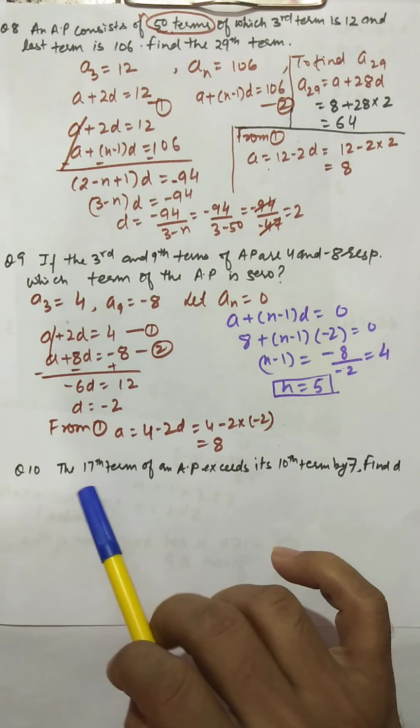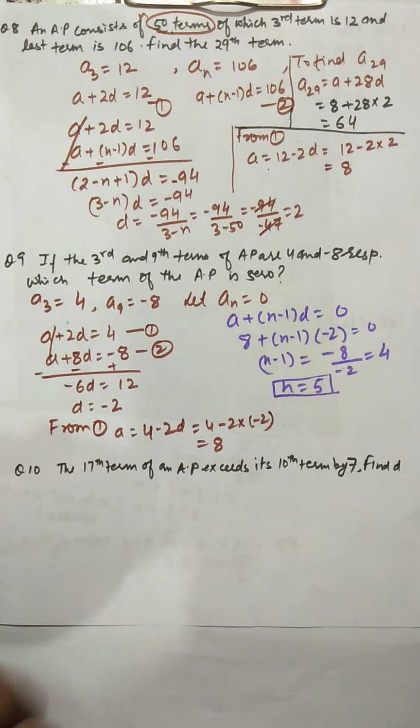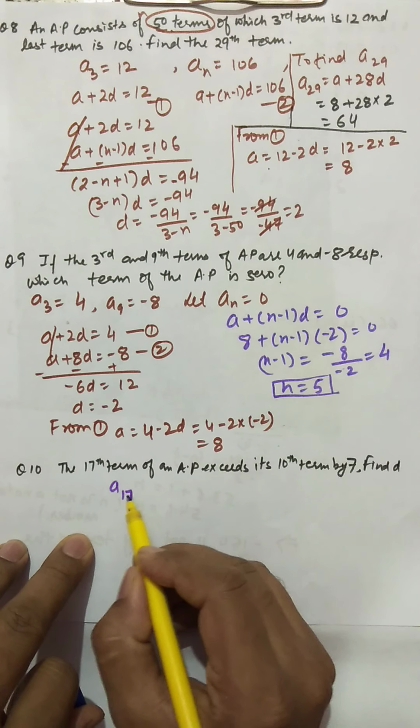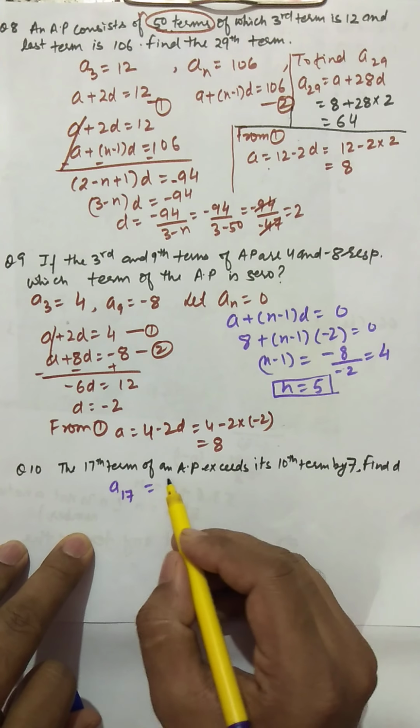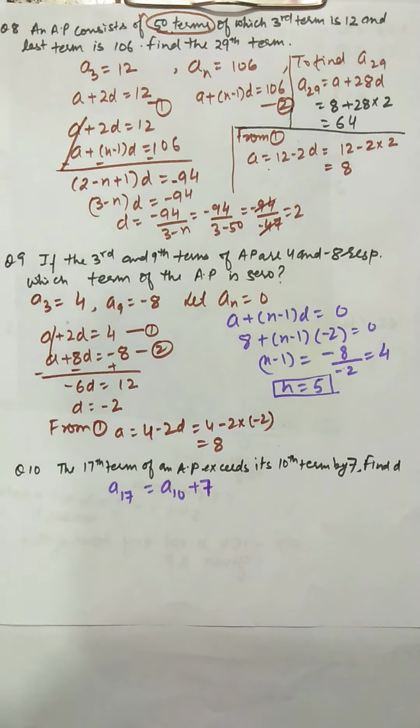Now come to question number 10. The 17th term of an AP exceeds its 10th term, meaning a17 exceeds the 10th term by 7. Then find d.